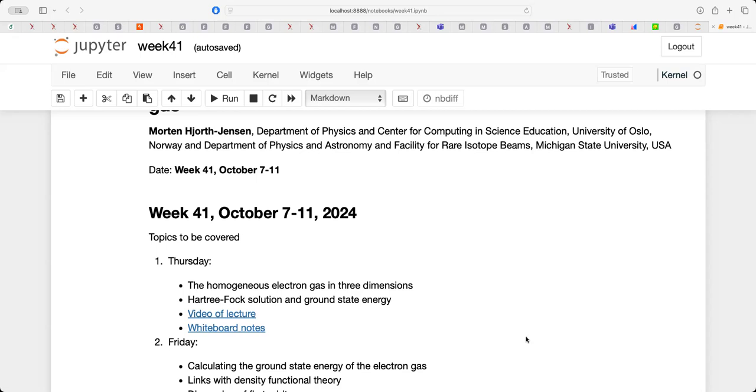Now, today, we are going to look at the derivation of the ground state energy of the electron gas. And that is going to give us, after a long detour, and there are some technicalities on how you can actually evaluate these integrals, which I wanted to convey, because it's actually useful to have seen it.